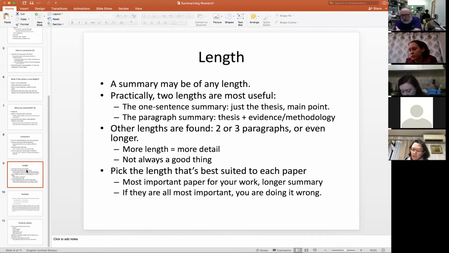Then if you're going to summarize it all, it's going to take you much longer because you need to explain for each chapter what does the chapter do, etc. So it's possible to have summaries that are long, you know, pages long, but it's fairly unusual, to be honest.